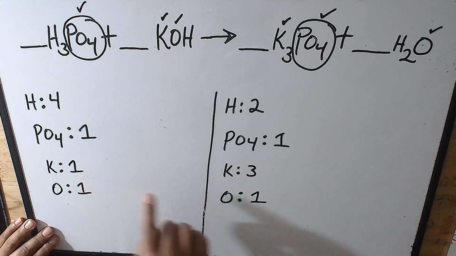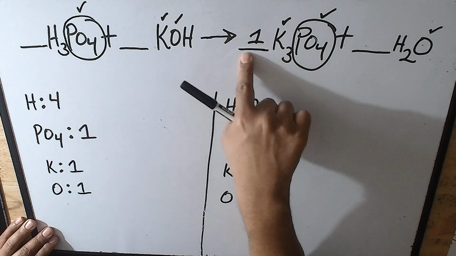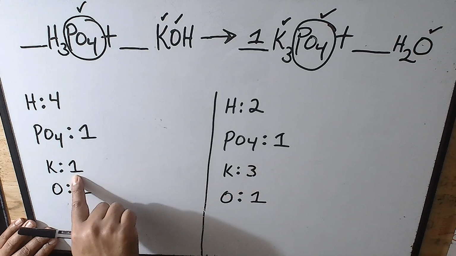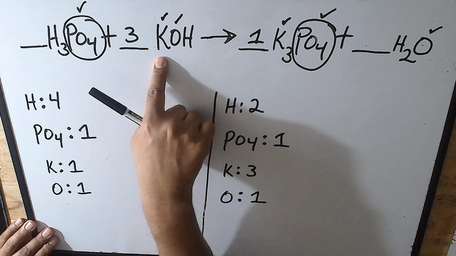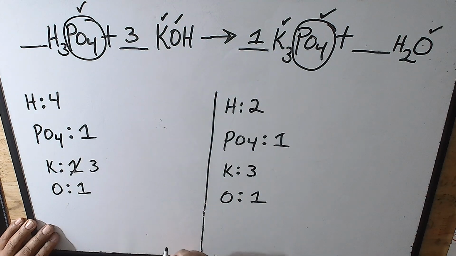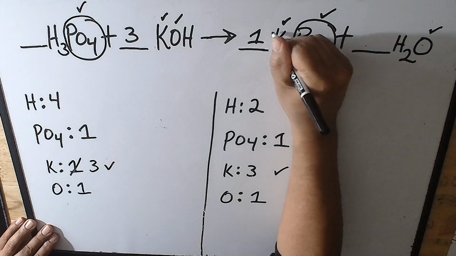So what I'm going to do, I'm going to put a 1 in here. And 1 times 3 gives me 3. So therefore, I need to have 3 over here. So I'm going to come over here and I'm going to put a 3. So therefore, I have 3 potassiums on both sides. So I can check that off and I can mark my potassiums.